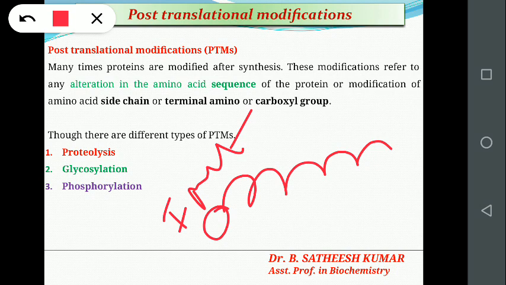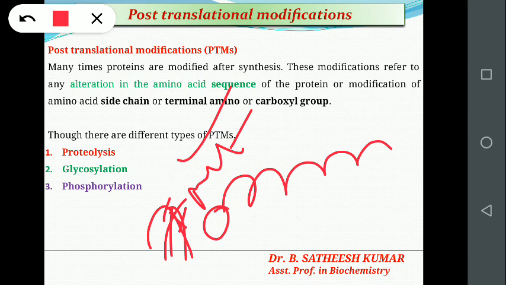Therefore, formyl methionine is the first amino acid. In eukaryotes, the first amino acid will be only methionine, not formyl methionine. So unmodified methionine is the first amino acid in the newly synthesized eukaryotic polypeptide chain.